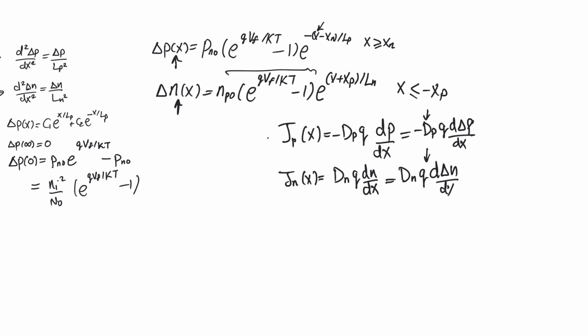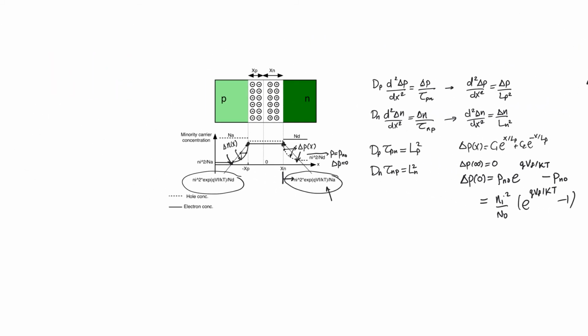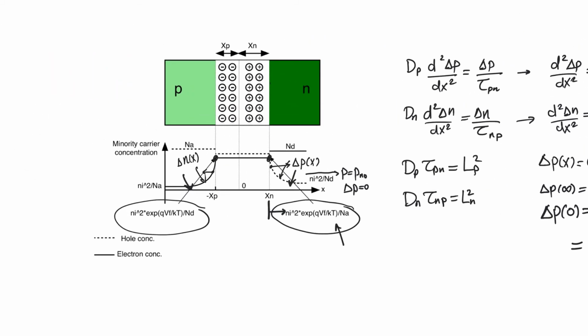And as the x in these two expressions shows, we will find that the diffusion current is a function of distance. This is true because let's recall what Jp is and what Jn is. Jp is the hole diffusion current as it enters the n zone. It is the excess holes that have been injected by diffusion from the p side. Jn is an electron current on the p side which has been injected from the n side.